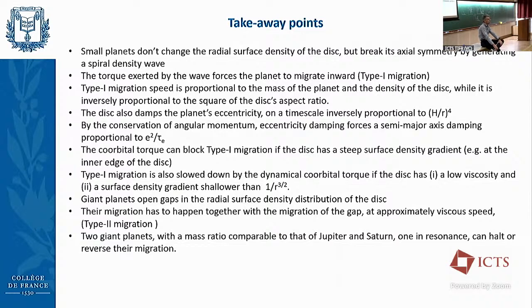There are also effects that I didn't have the time to talk about. It's about the fact that the planet that accretes gas heats up, and so it generates what is called the thermal torque. This was studied by Benitez, Lambe, and Massé, and others, initially in a Nature paper, and then there are a number of papers on this effect.